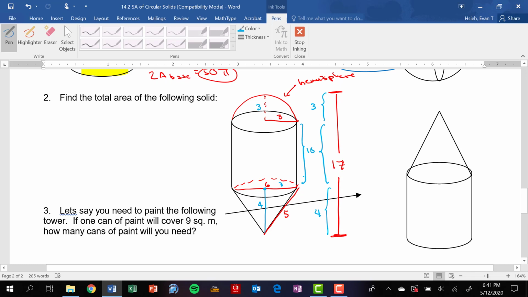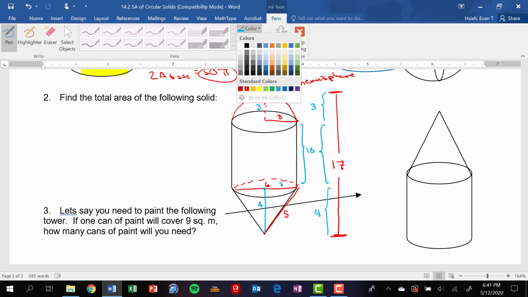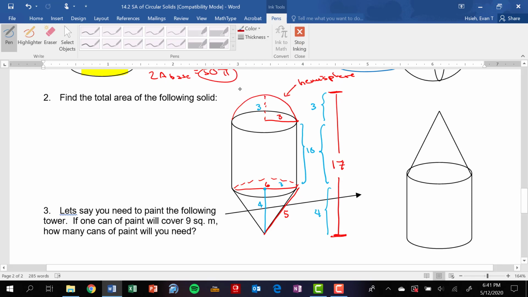And I'm looking for the total surface area of this thing, and I have to recognize here that there's portions of this that I cannot touch, and so therefore I'm not going to include them in my total surface area.